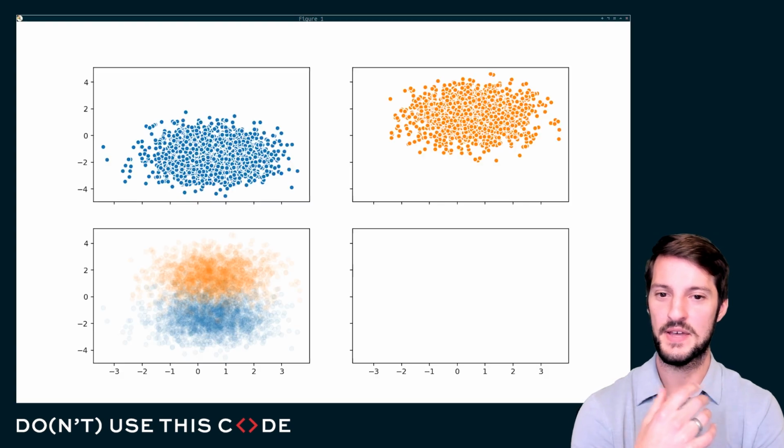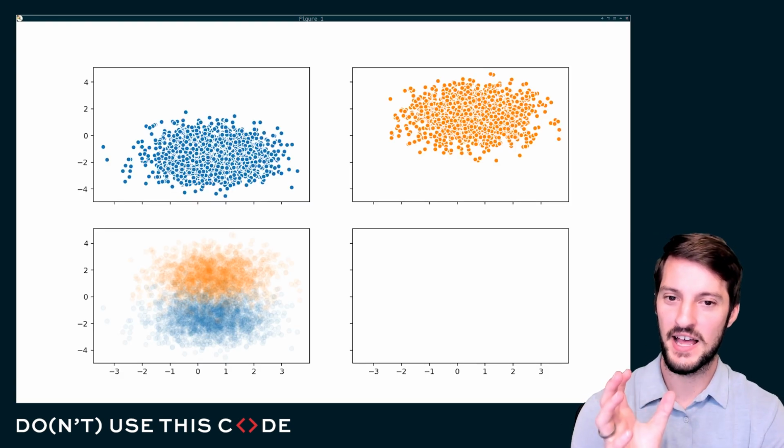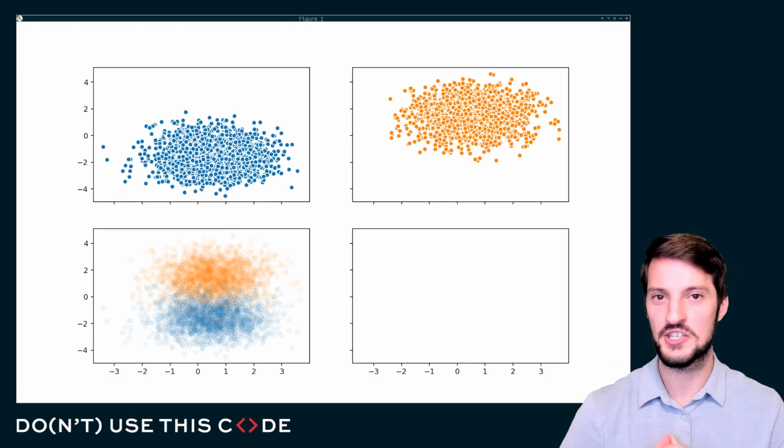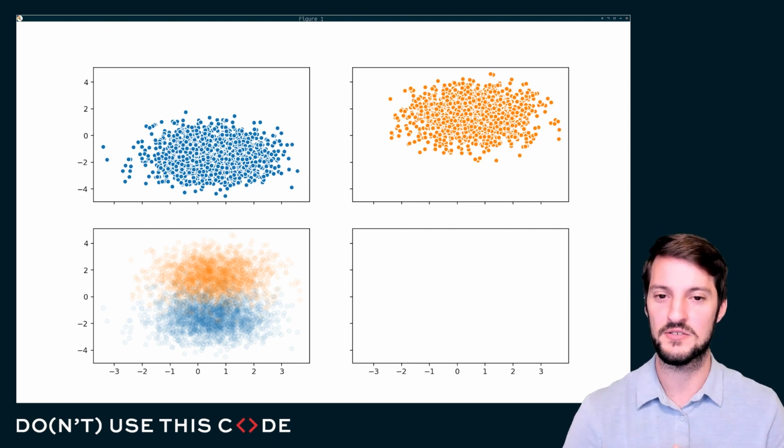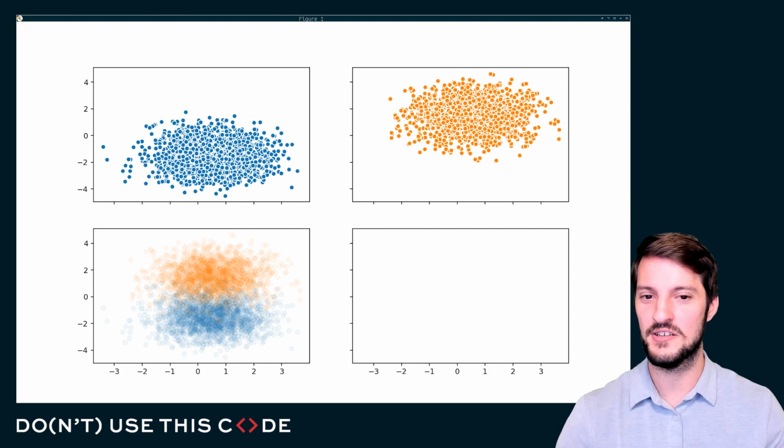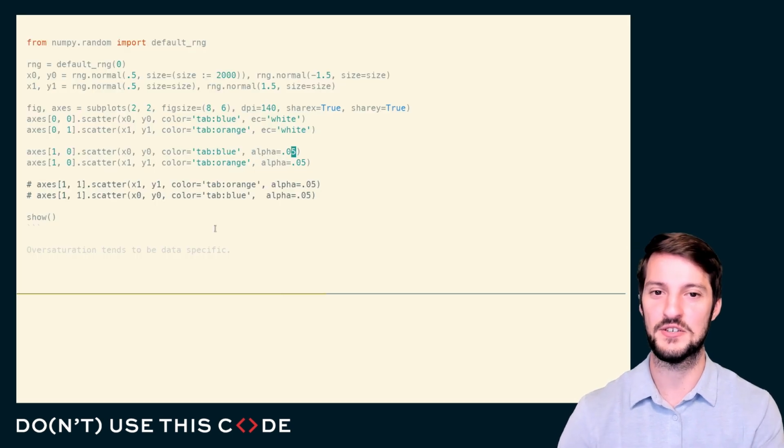And you can see that when I bump it down even further, I can still see two distinct-ish clouds of data, but those points on the outskirts are actually just disappearing on me. They're completely going away. And maybe that's not the focus here because I just want to look at the densest points. But let's see if this alpha solution is actually effective.